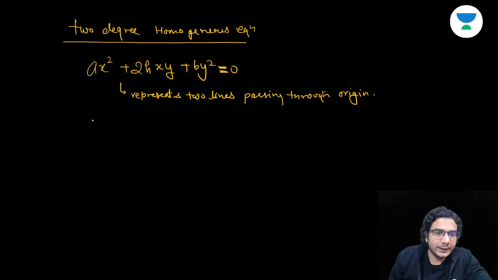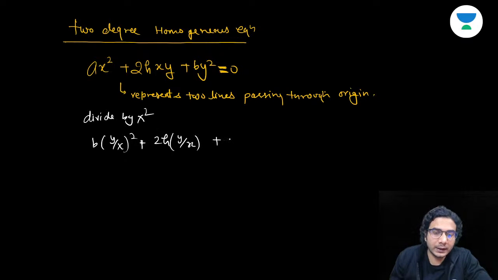So let's make a quadratic in y upon x. So divide by x square, to separate the lines. Then you can write b into y upon x the whole square plus 2h into y upon x plus a is equal to 0. Now y upon x is basically m. Let's take m again, and then it is b m square plus 2hm plus a is equal to 0.